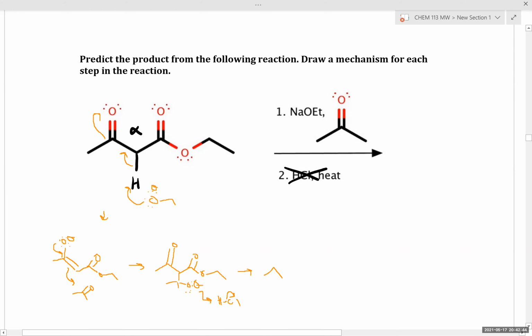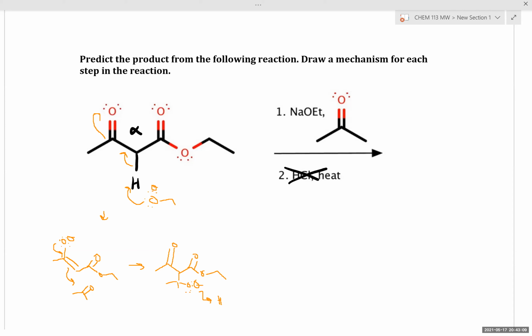Would you be able to draw out the mechanism under basic conditions, given that this beta ketoester substrate is so activated? We can actually see elimination easily under the basic reaction conditions. In fact, it's pretty hard to isolate the beta hydroxy product because the elimination step occurs so rapidly.